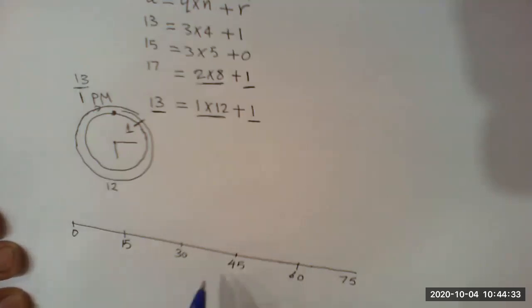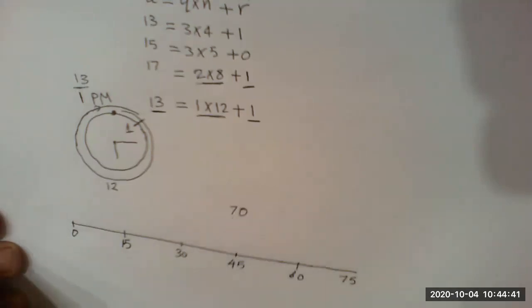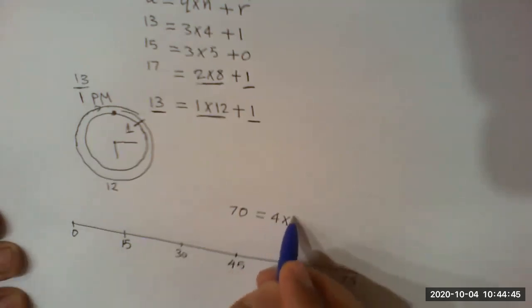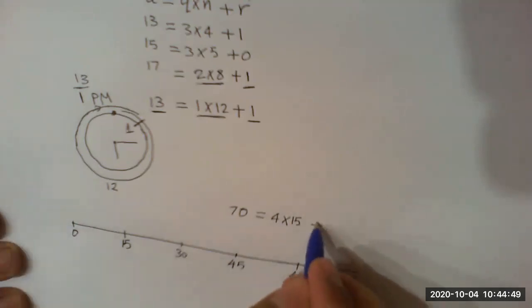Okay, and if I want to talk about 70, I can write 70 as 4 by 15 plus 10.